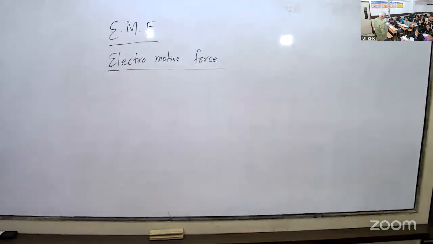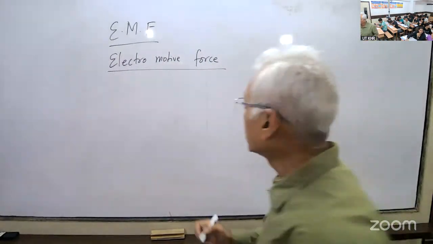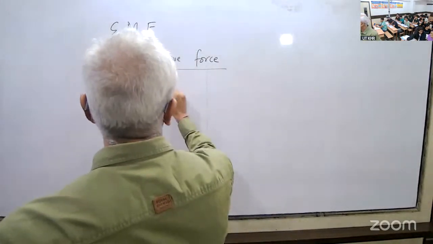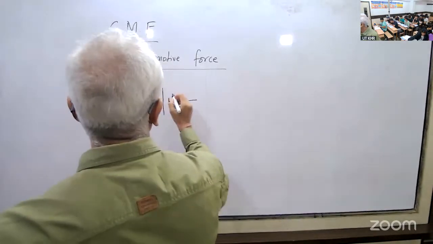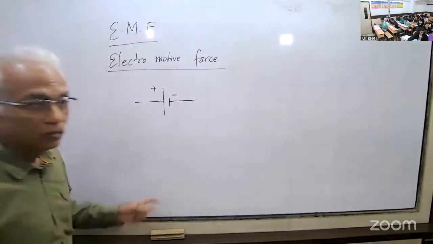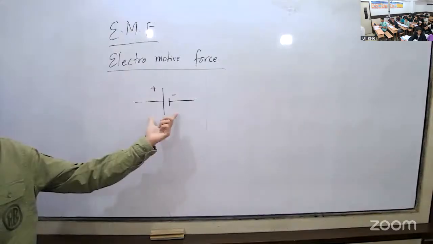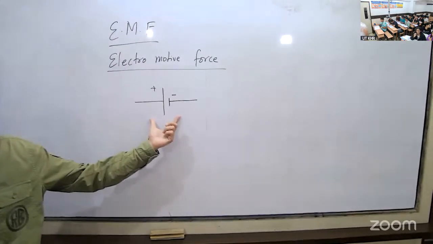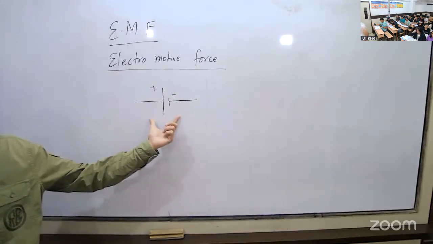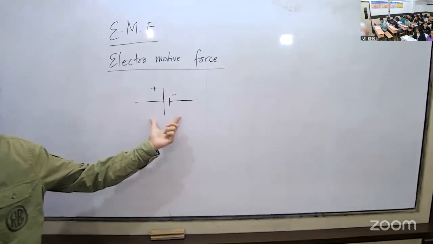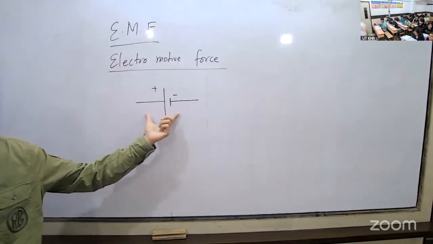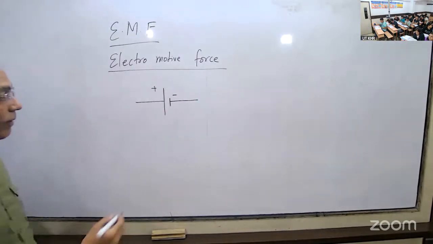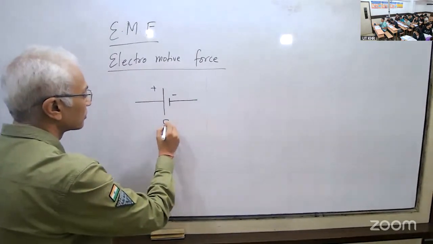If you have a cell, EMF is the potential difference between the terminals of the cell when no current is drawn from it. When the cell is not used, the total potential difference between the terminals of the cell is EMF.